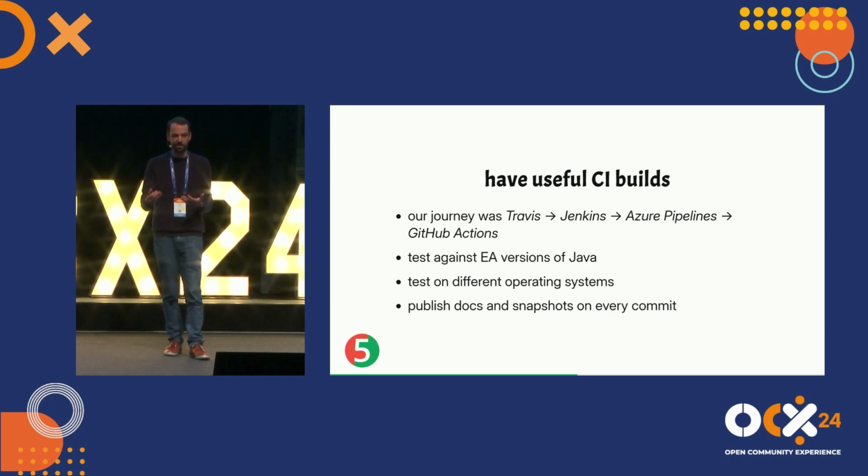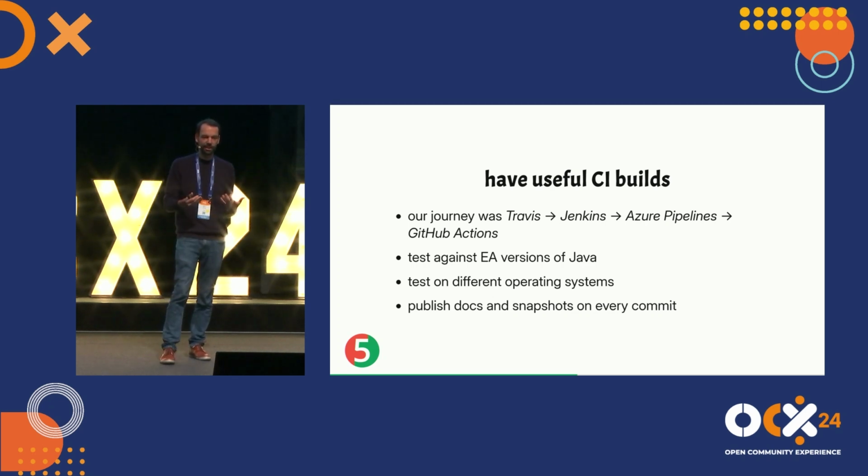All right? So this is also about the experience that contributors get when they want to submit a pull request, for example. And we publish documentation and snapshots on every commit using AsciiDoctor, so that's also really useful. So to know that not just before the release everything still builds, but we can actually publish stuff and we can build the documentation and we are ready to release basically at any time.